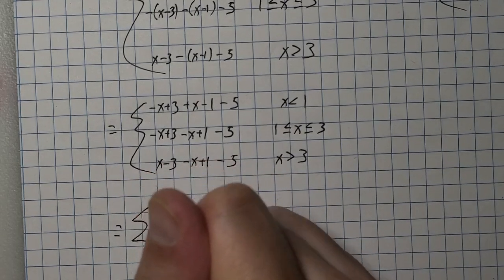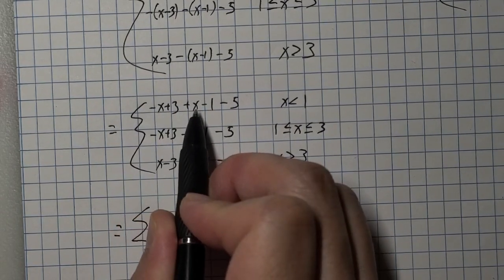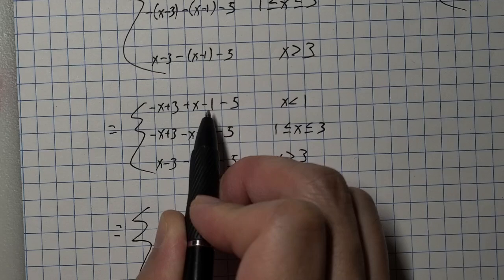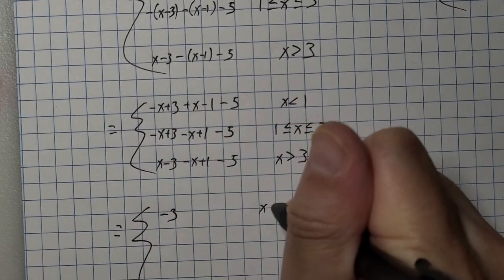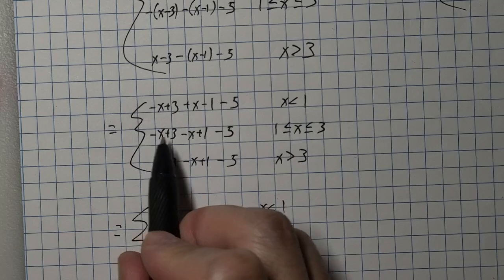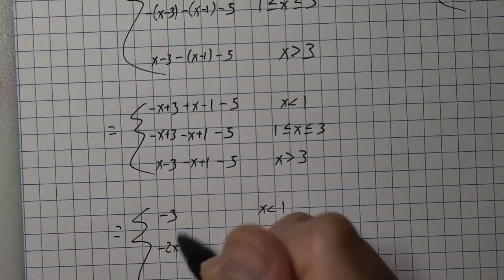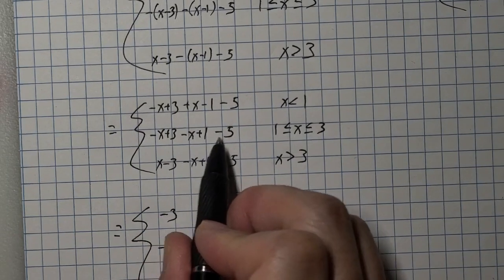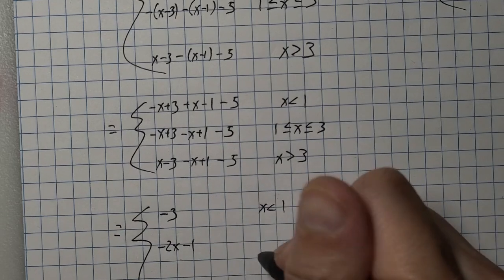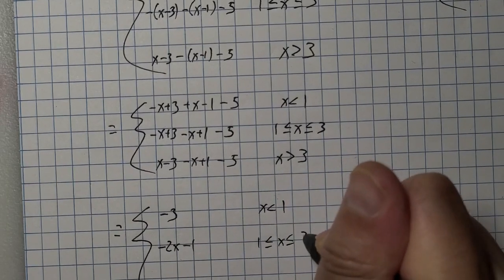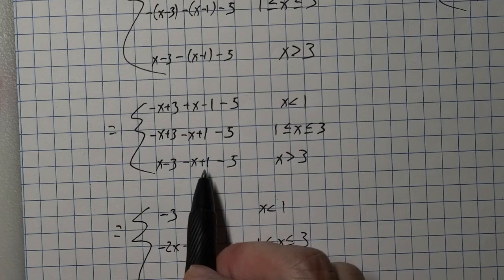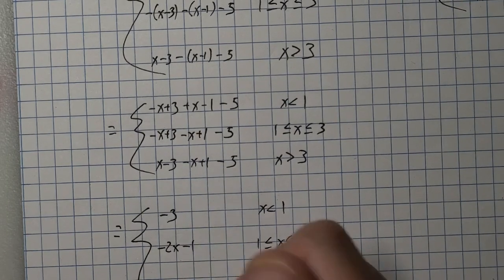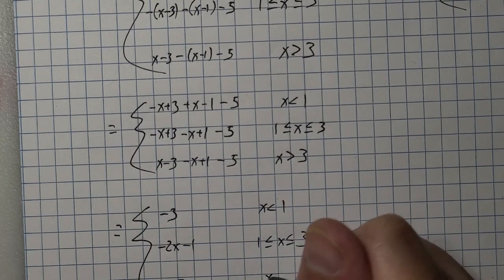Let's simplify. Minus x plus x is 0, 3 minus 1 is 2, minus 5 is minus 3. So x less than 1, that's that branch. Then minus x minus another x is minus 2x, 3 plus 1 is 4, minus 5 is minus 1. For x greater than 3, x minus x is 0, minus 3 plus 1 is minus 2, minus 5 is negative 7.